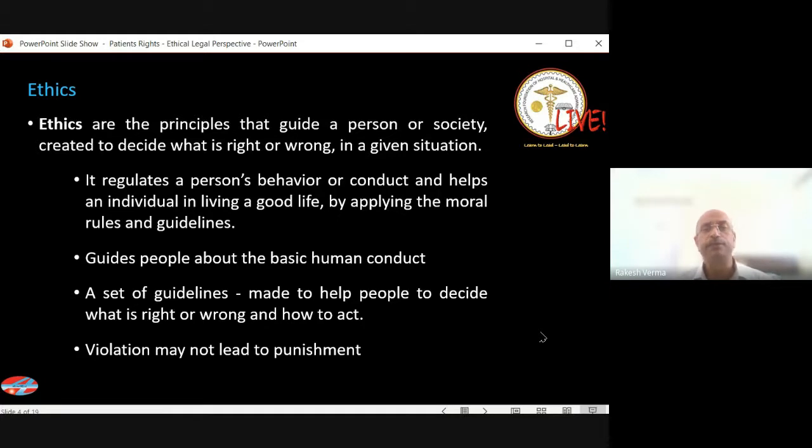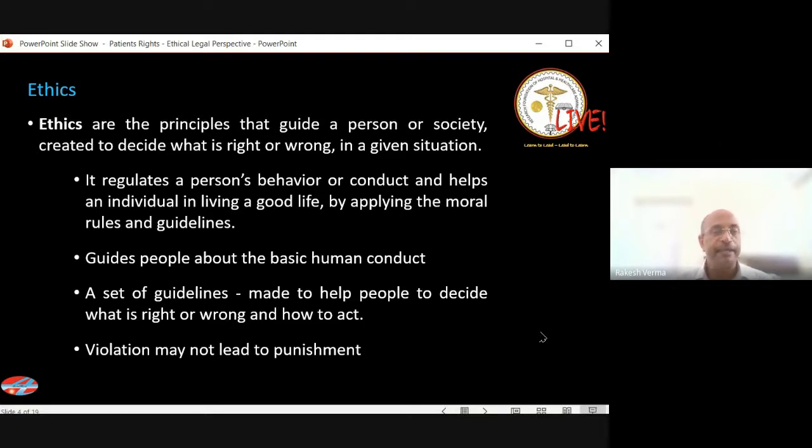And these are a set of rules. I'm sure all of us are aware of the ethical rules or ethical conduct given by the Medical Council. And likewise, there are ethical rules or principles of conduct by almost all professional societies. These are meant to help people decide what is wrong and how to act.